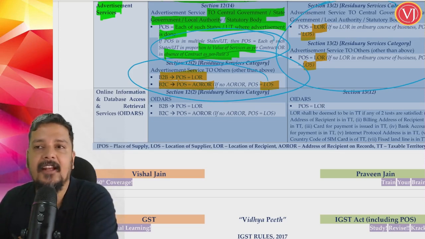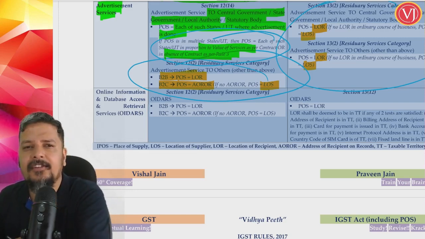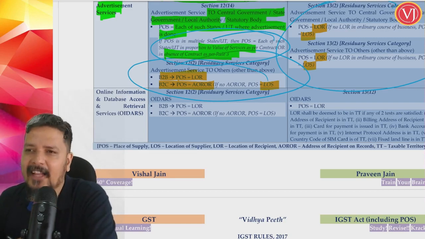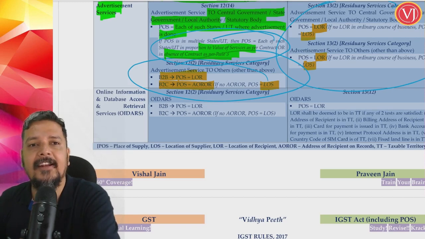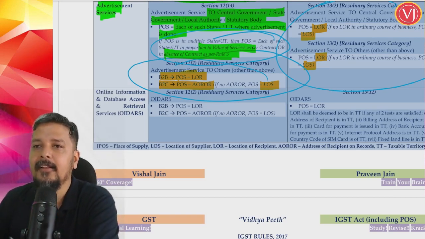What is the main revenue for television channels apart from subscription? It is only the advertisements. Most of the time when you are watching television, you see more advertisement than content. Correct? They come in 2 minutes and again tell you that we'll go for a break. That is the main service.